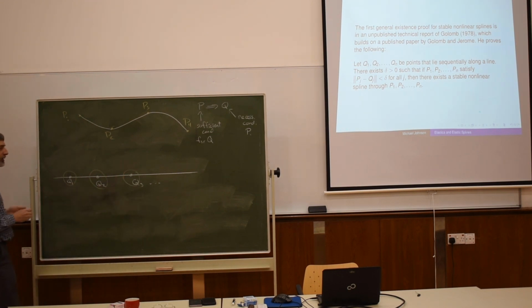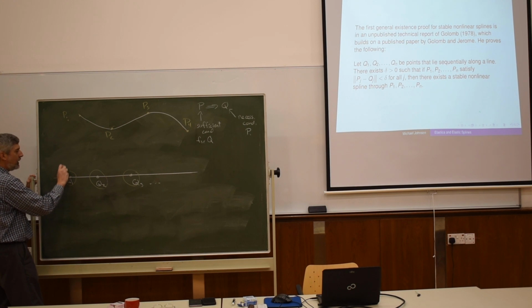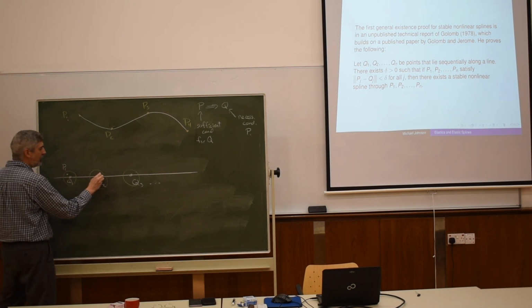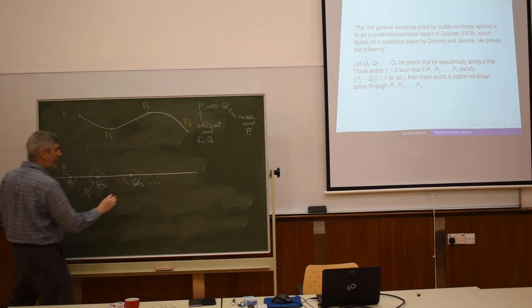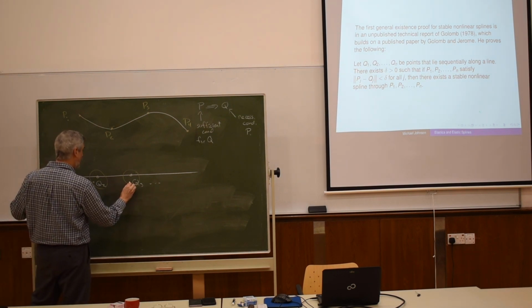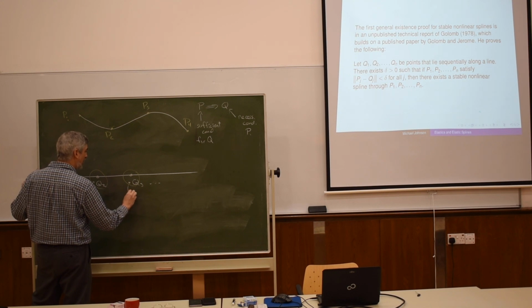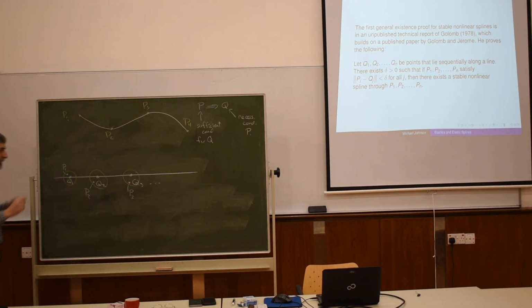So the radius is always epsilon. And then in each of these little disks, you can choose P1 and P2, say, is over here. You can put P1, P2, P3, and so on, anywhere you want, in these small disks. And there will exist a stable nonlinear spline through those points.